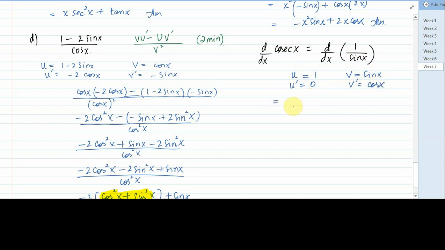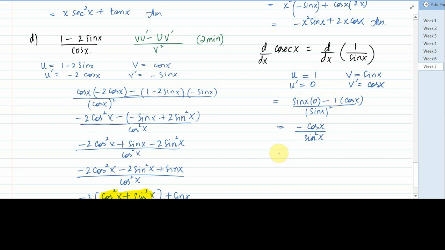It says that in the denominator we have v square, and v is sin x, so it's sin x whole square. The formula says v, that is sin x, derivative of u it's 0, minus u, it's 1, and derivative of v it's cos x. So now we are left with minus cos x divided by sin square x.